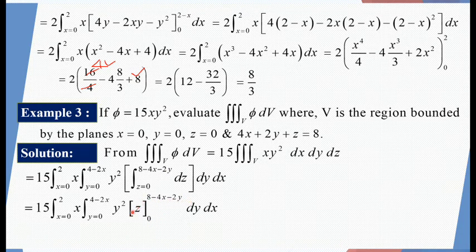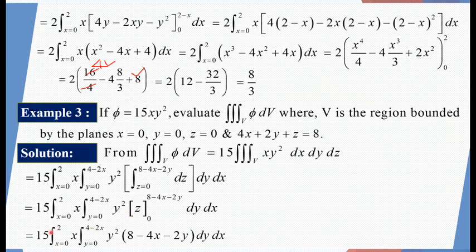So on putting the limit, we get 15 times integral x equals to 0 to 2 of x, integral y equals to 0 to 4 minus 2x, y square into 8 minus 4x minus 2y dy dx. Now we have to integrate it with respect to y. So to integrate it, we first multiply this y square inside the bracket.